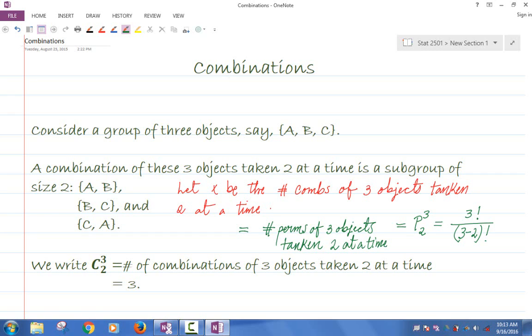Because I have X of them, there is a total of X times 2 factorial ways we can permute 2 objects taken from 3 objects. Is that making sense?